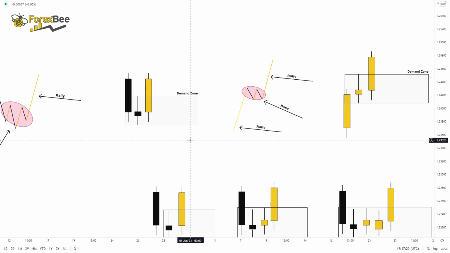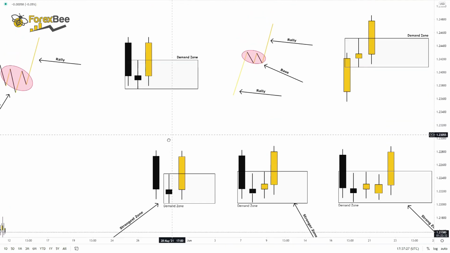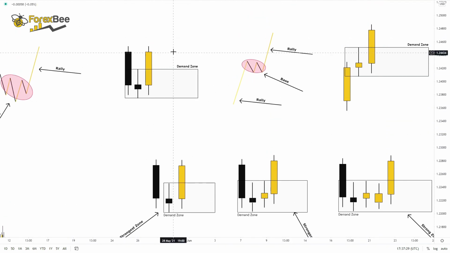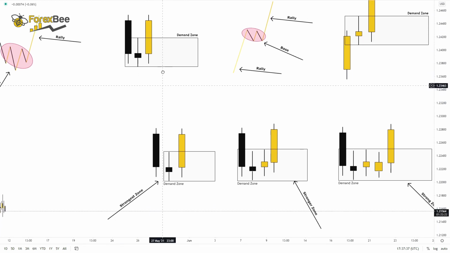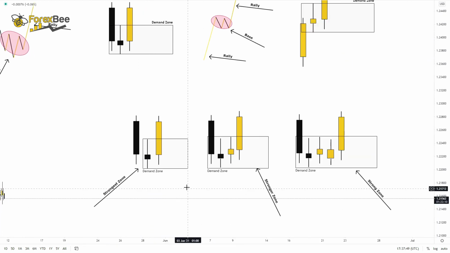There's another thing that you need to consider when you are spotting these zones and you're going to trade based on them, and that is the strength of a supply or demand zone. There's a technical way through which you can see whether a zone is strong or weak. The strength of a zone depends upon how many base candles are there in between two big candles.